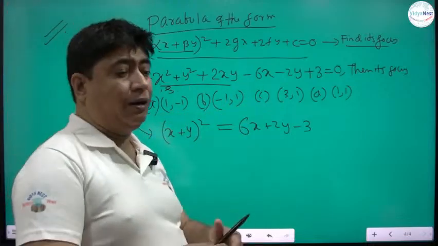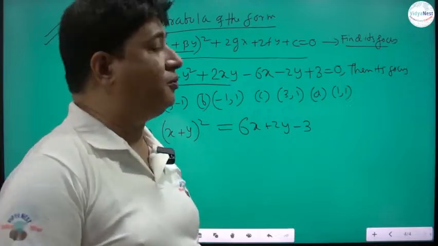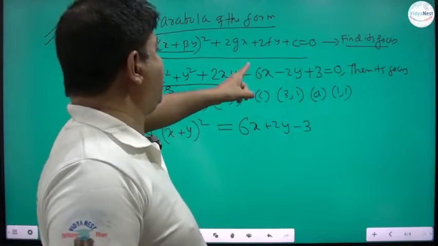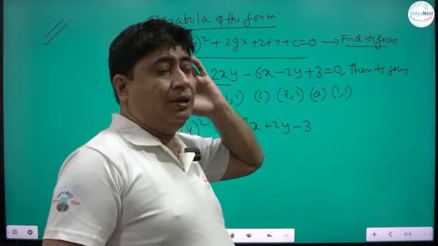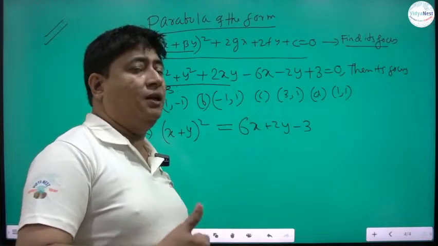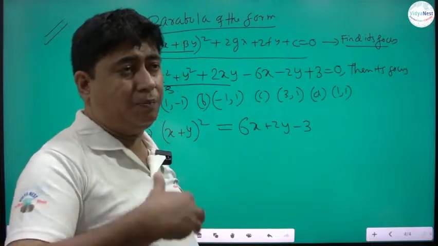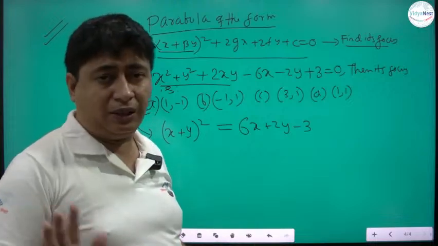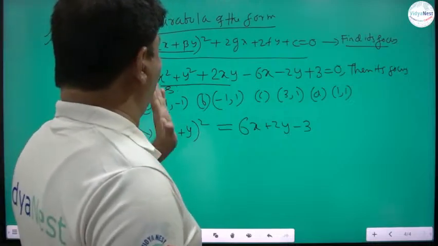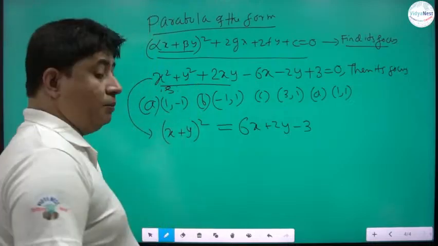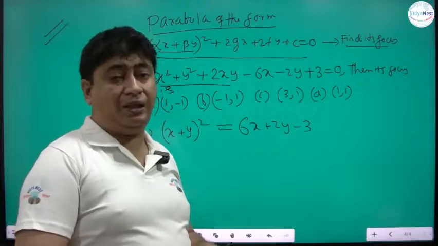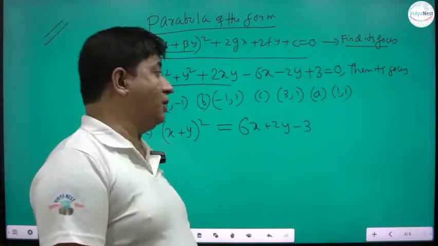This equation cannot be put in the form y square is equal to 4x. It is a general term: ax square plus by square plus 2hxy plus 2gx plus 2fy plus c, a general term of a conic section from which we can extract a pair of lines, parabola, ellipse, hyperbola, everything. So by what mechanism can I get the focus? Because unless I can compare this to y square is equal to 4x, it is difficult to find out the focus.